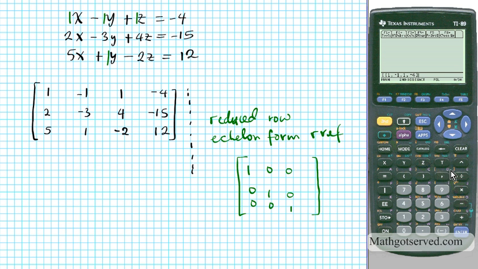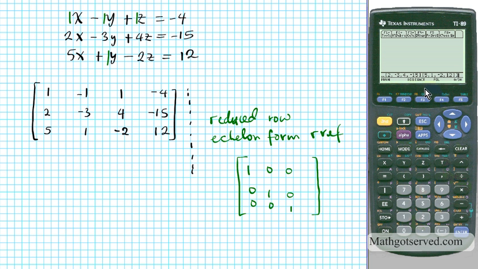Close the first row, open the second row: 2, comma, -3, comma, 4, comma, -15. Close the second row, open the third row: 5, comma, 1, comma, -2, comma, 12. Close the third row, and then close the entire matrix.